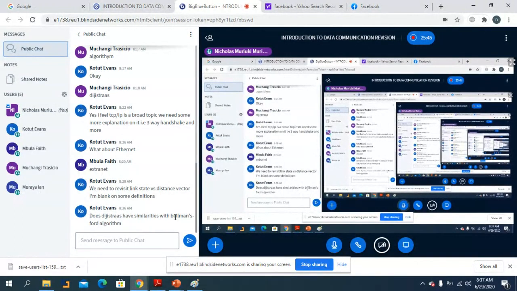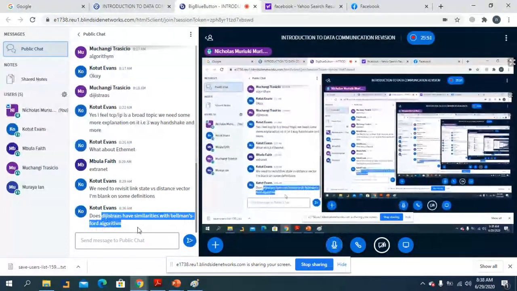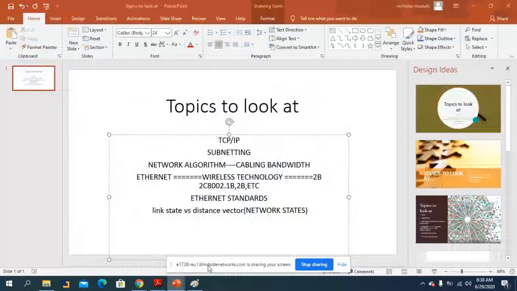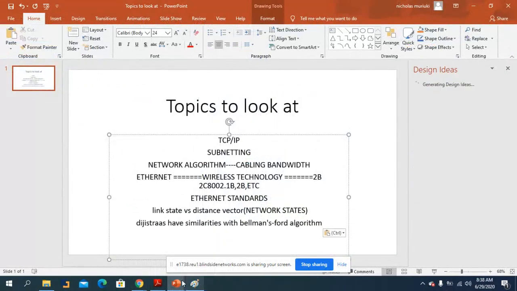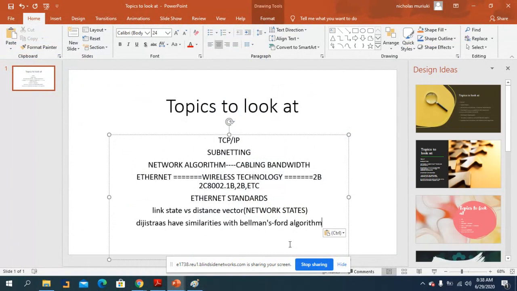So we have a good revision that you have already done, Evans. That's a good revision that you have done. So we will revisit that. Because Dijkstra's was mostly a tradition, but this is the current in most of the protocols or in most of the network services.